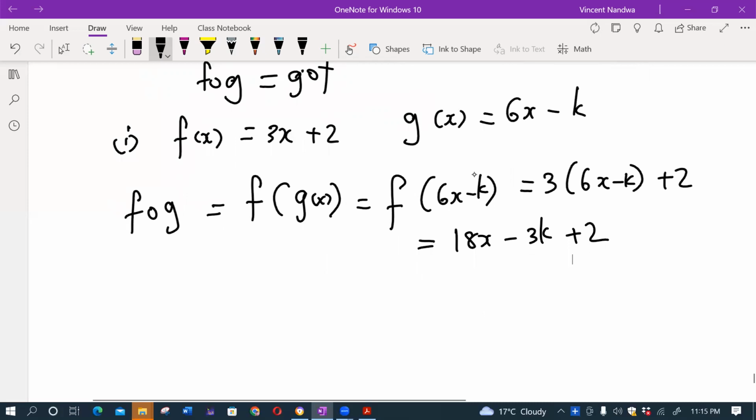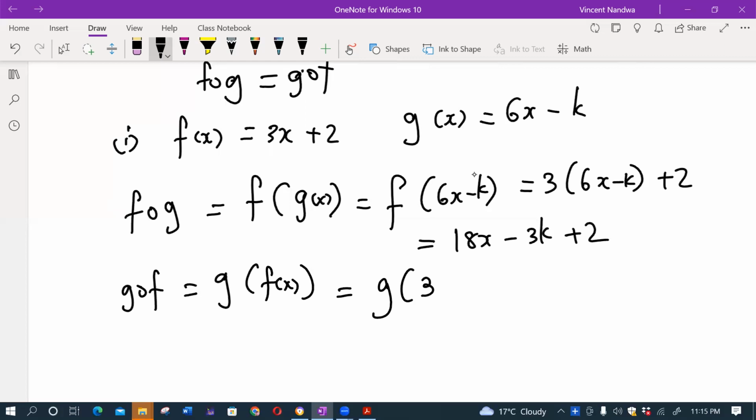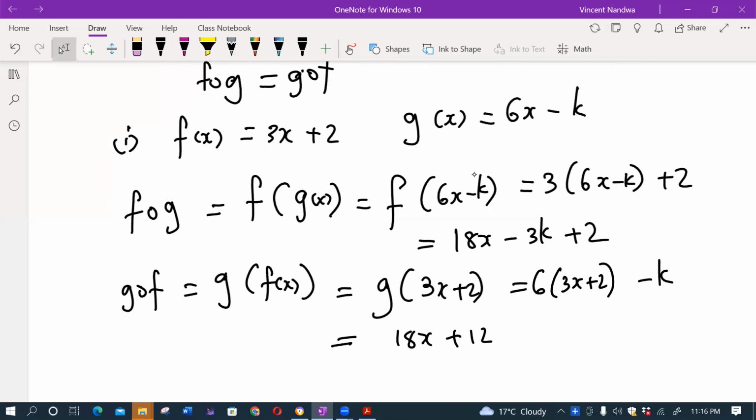Then when we reverse the order, g composed with f, we get g of f of x, which is the same as g of 3x plus 2. And if g of x is 6x minus k, then g of 3x plus 2 will be 6 into (3x plus 2), then minus k, which will give us 18x plus 12 minus k.